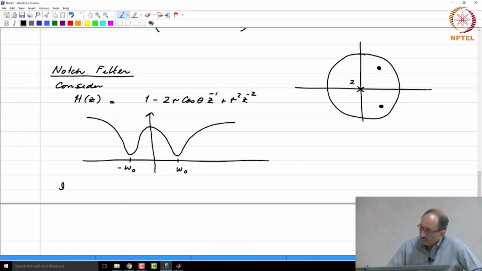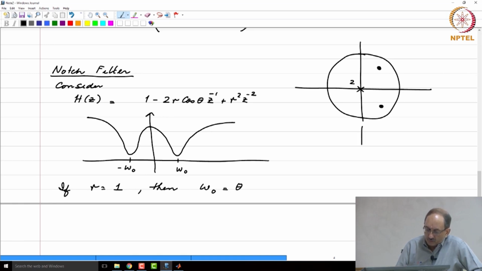Therefore, if r equals 1, what can you tell about omega naught? Omega naught becomes theta. So the picture corresponding to that is this.